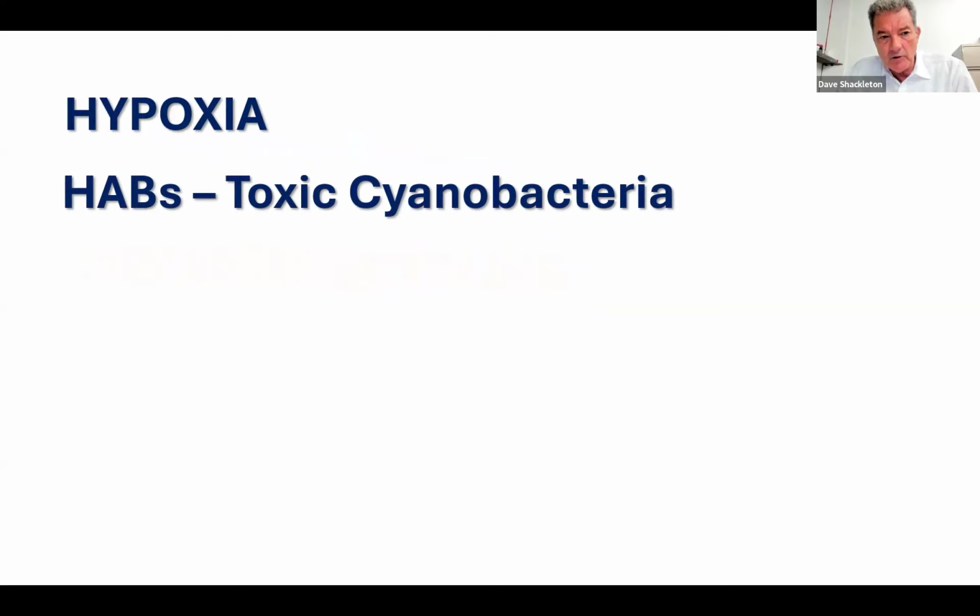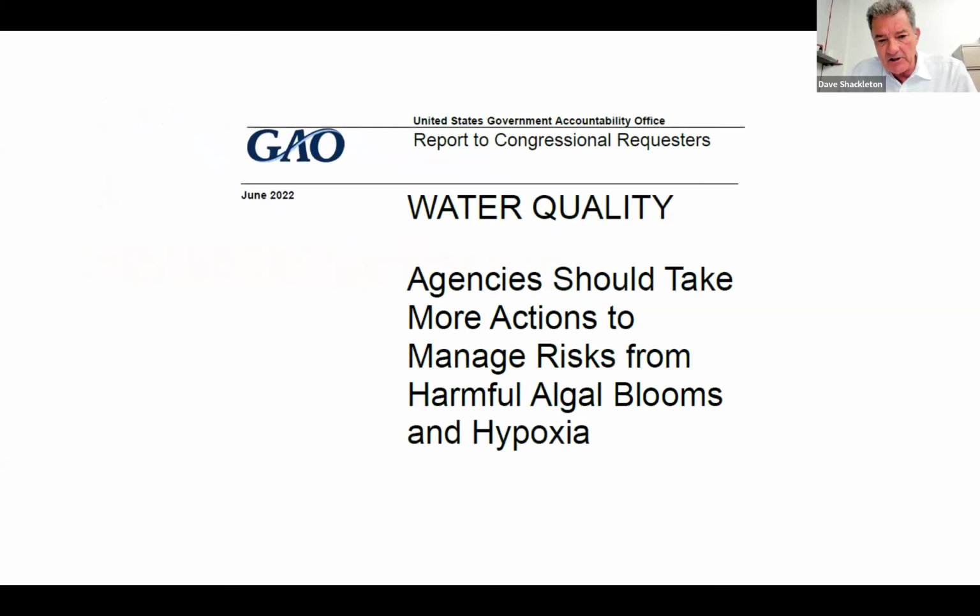So the real thing that we wanted to understand at the Raintree Lakes was the degree of hypoxia and what the situation was with regard to the algae profile. Now, the Government Accountability Office issued a report in June 2022 at the request of Senate and Congress into why, despite over 25 years of attempting to manage the risks of hypoxia and harmful algae blooms, the EPA and state agencies have essentially failed to do so.